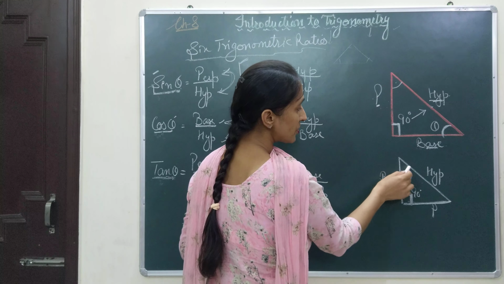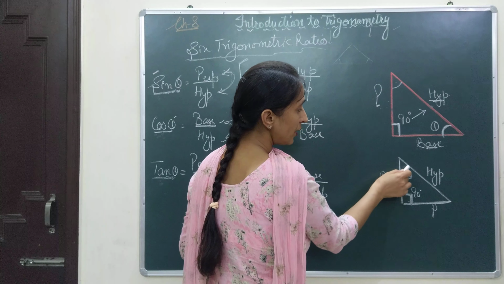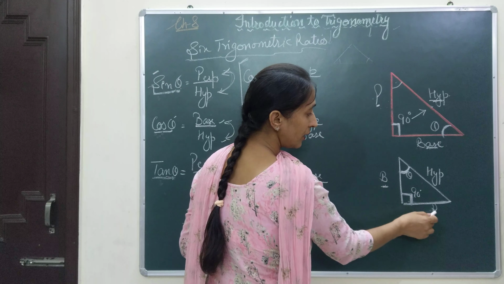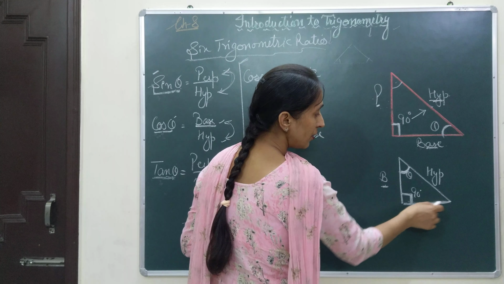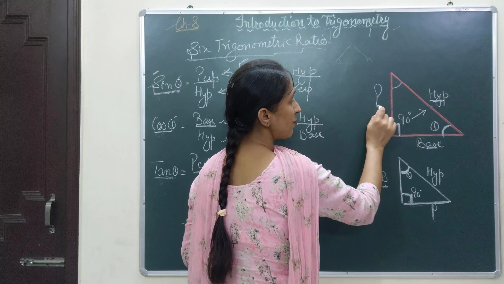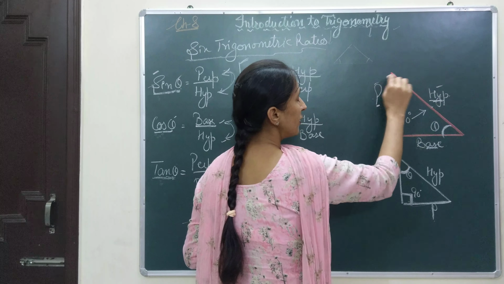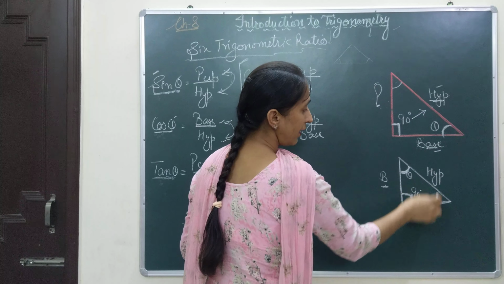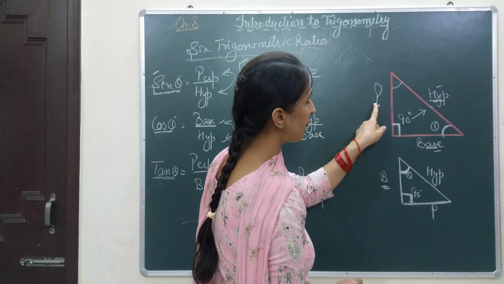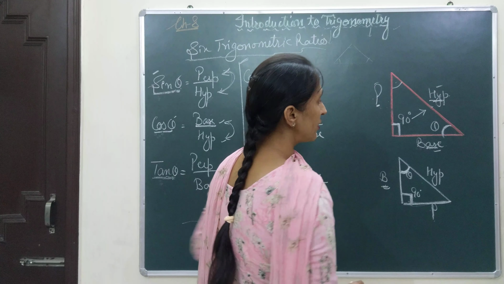If the angle of concentration shifts here, it goes up, then it will again be opposite to angle theta. That means the perpendicular will lie on this side, and the other remaining side is the base, and here also the other remaining side is the base. Now you know where the perpendicular, hypotenuse, and base lie.